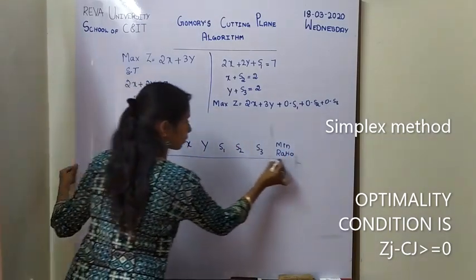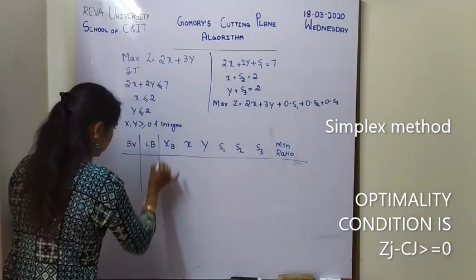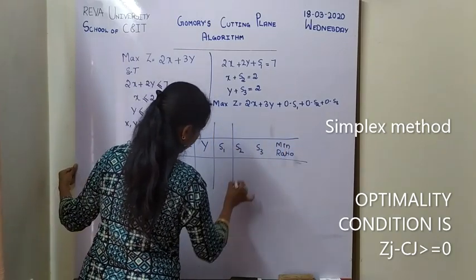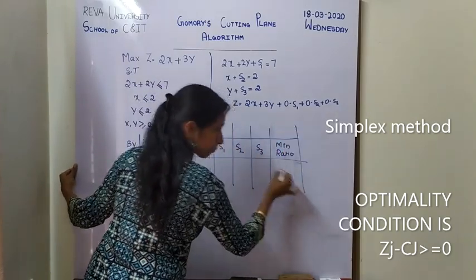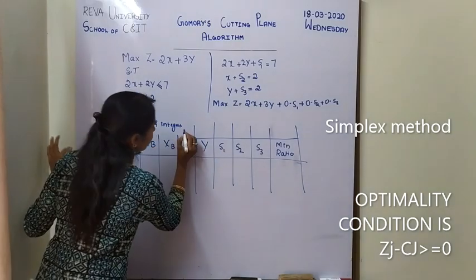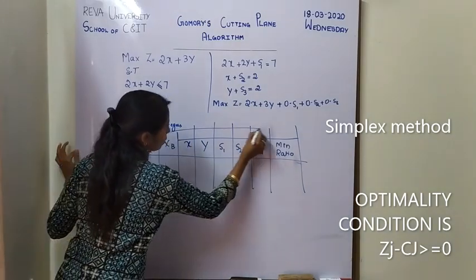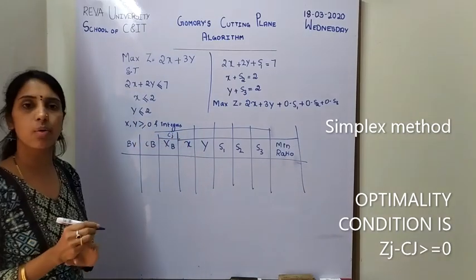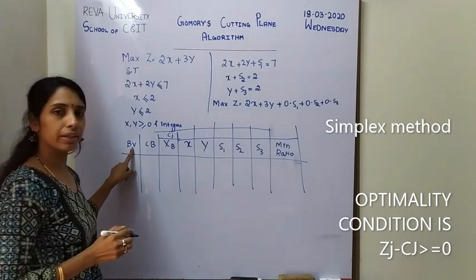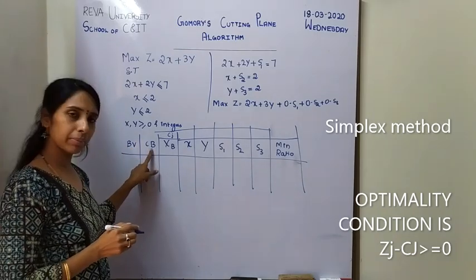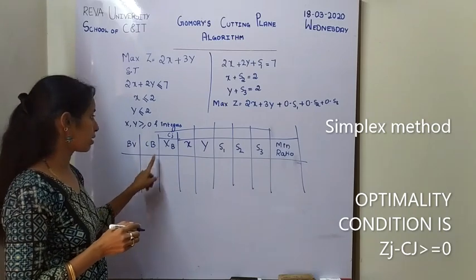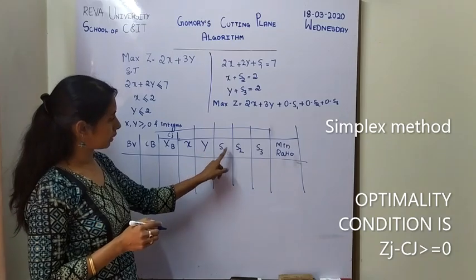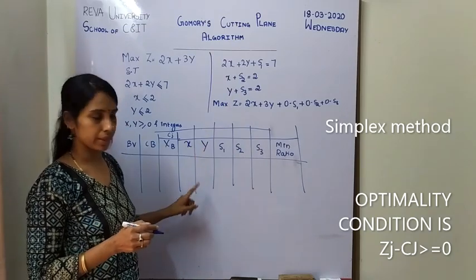Here you have to write Cj, which indicates the coefficients. BV indicates the basic variable, CB indicates the corresponding coefficients, XB indicates the RHS, and X, Y, S1, S2, S3 are the variables.